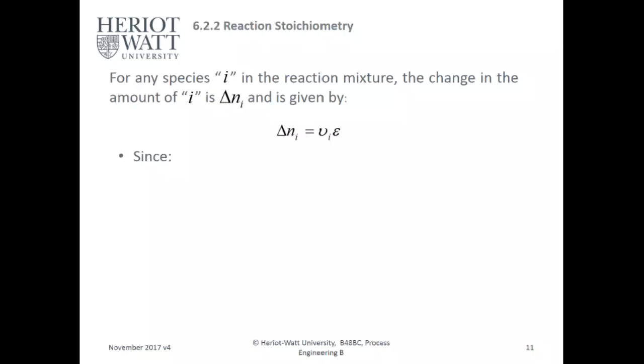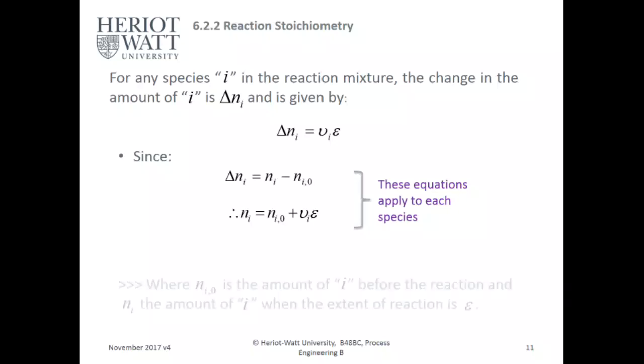Since for a specific species delta Ni equals Ni minus Ni initial, the amount reacted, then Ni equals Ni initial plus Vi epsilon. And these equations apply to each species. This is a way of balancing that whole equation, defining everything algebraically when you're, let's say, writing a program or trying to calculate it all in one go.